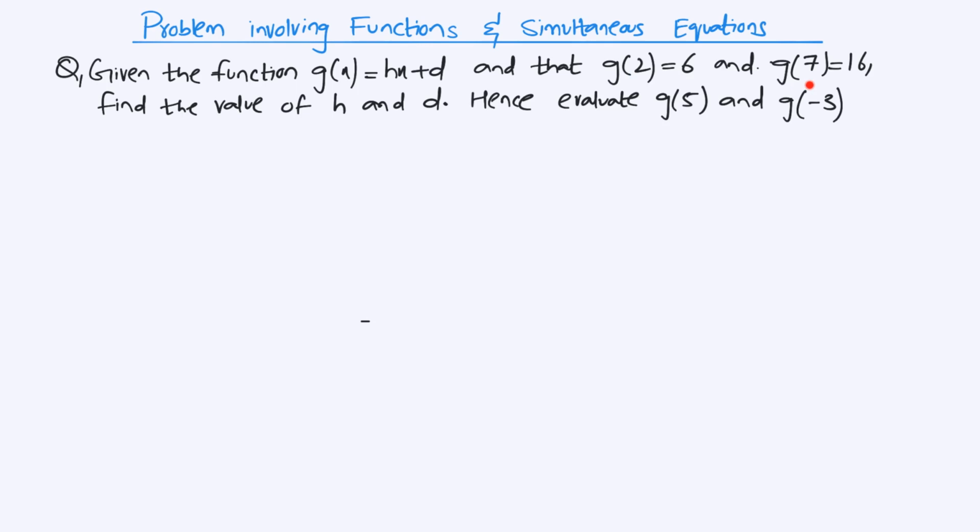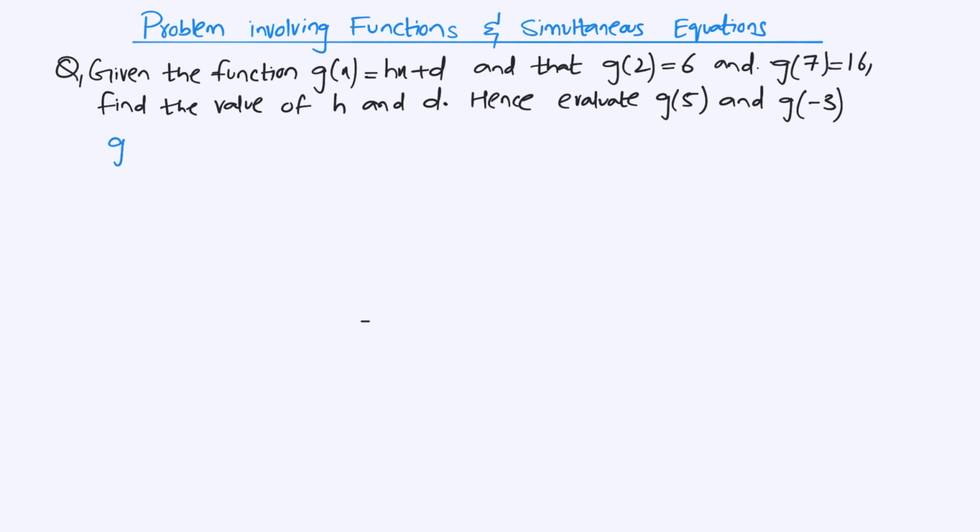So since two pieces of information are given to you, like for example when x is 2 the output is 6, and when x is 7 the output is 16, you will have to solve such questions simultaneously. So let's make the equation first.